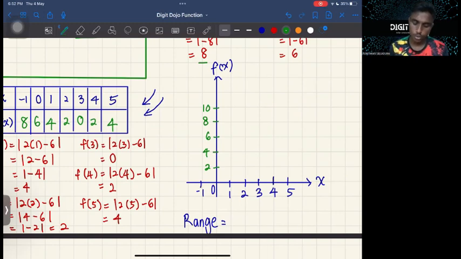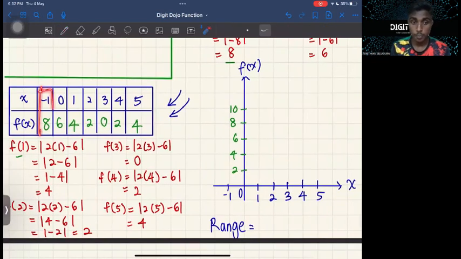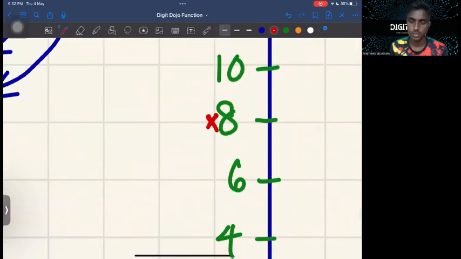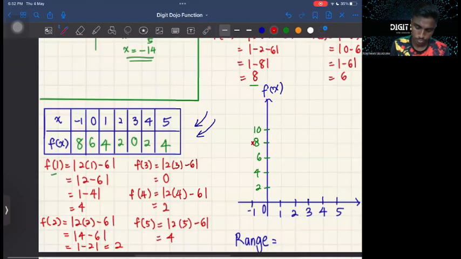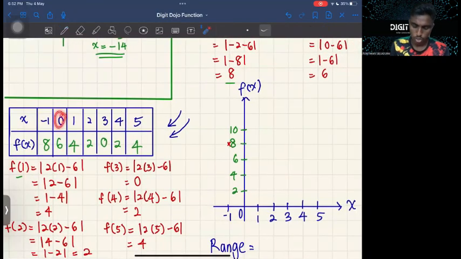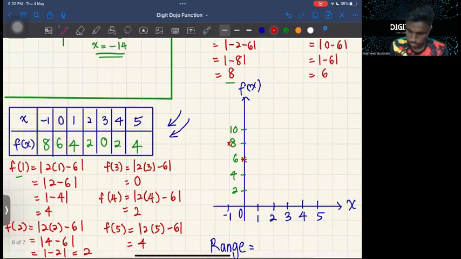And now you have to start plotting. When x is -1, your f(x) is 8, so you plot -1, 8 here. Next, when your x is 0, your f(x) is 6, so 0, 6, you plot here.